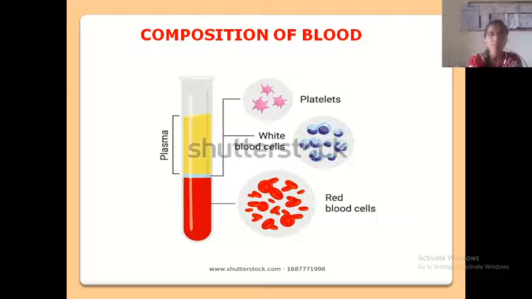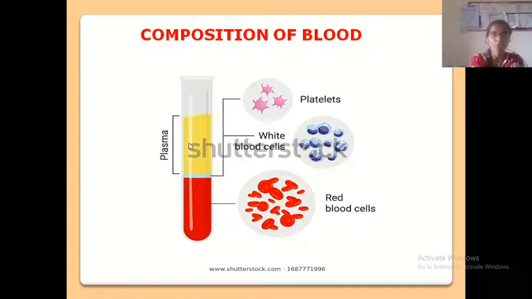If we consider the entire composition of blood, we will summarize this. The blood consists of two main components: the cells or formed elements, and plasma.